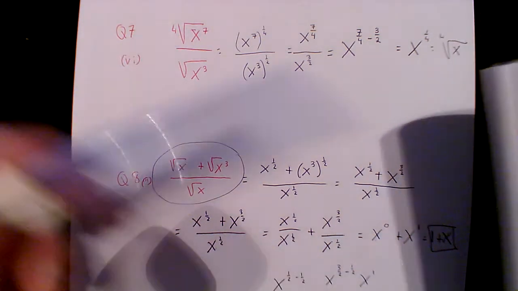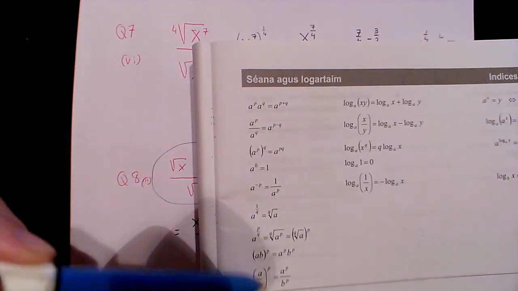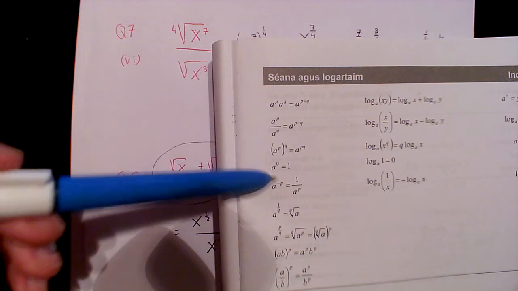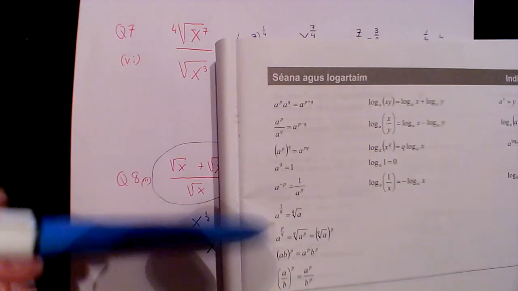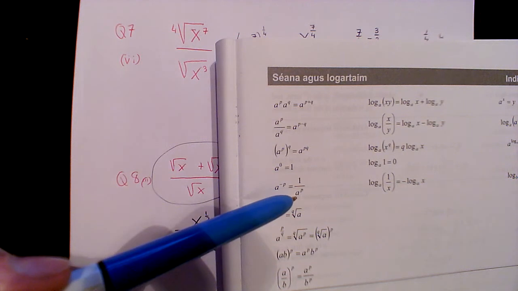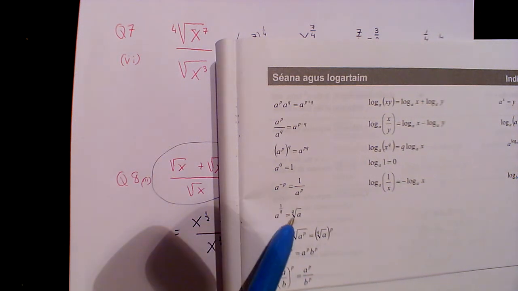And that's not me knowing this off by heart. Well, I suppose at this stage I know them off by heart, but when you're doing them, you'll be referring back to these all the time. Look here: a to the power of minus p equals 1 over a to the power of p. So a lot of times I'm using this one.